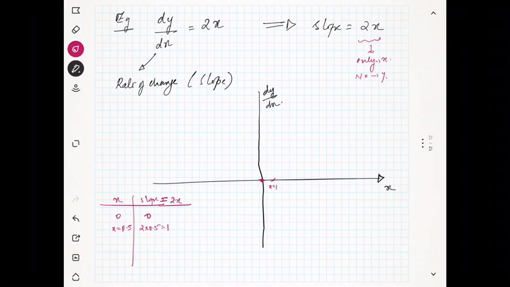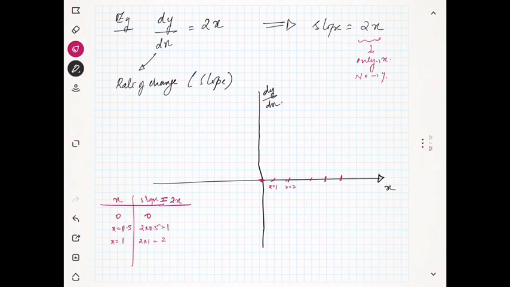You are having something like this. Now at x is equal to 2, you have 2 into 1, which is equal to 2. Then the slope will be more, right? So you are getting something at x is equal to 2, you are getting more slope. Similarly, here also you will get more slope. So the line will be something like this.